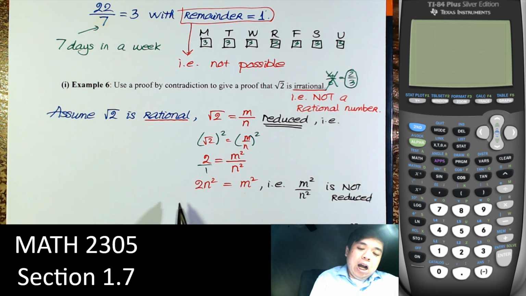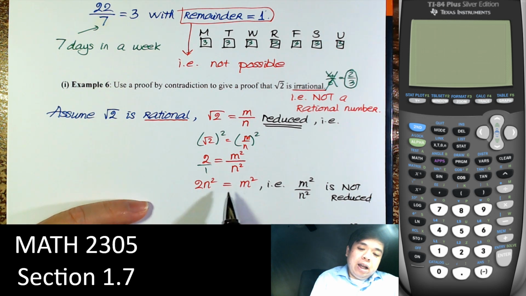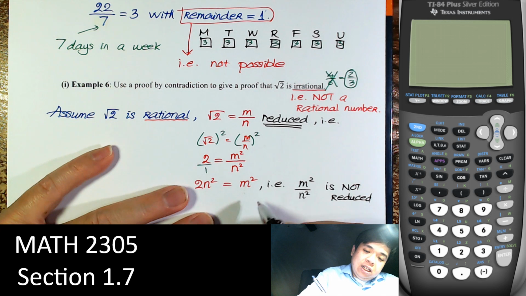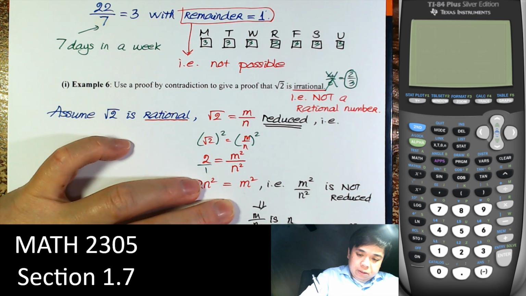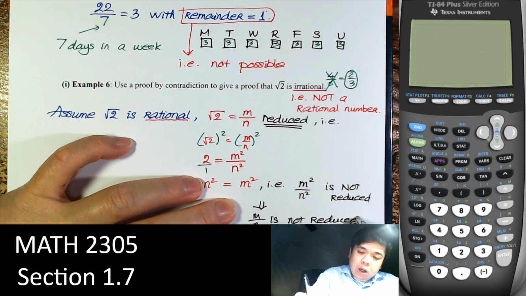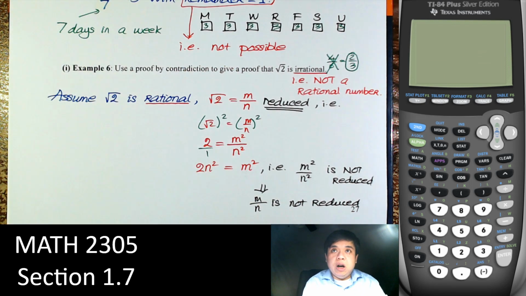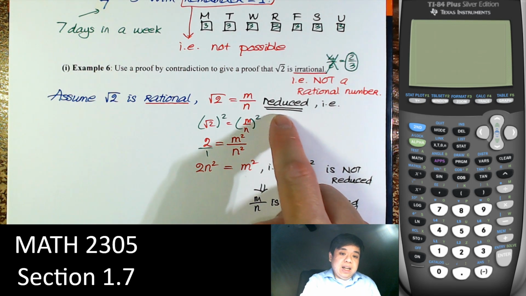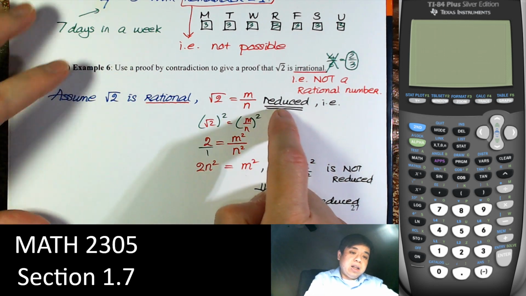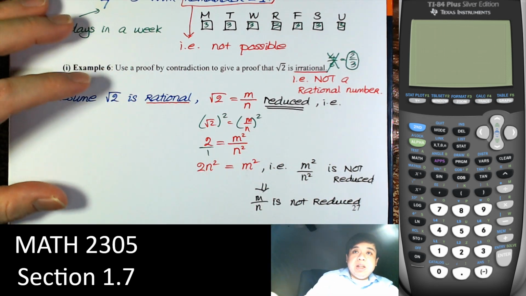So m and n is not reduced, which is the negation of what we assumed earlier. Because this contradicts what we assumed, the square root of 2 must be irrational.